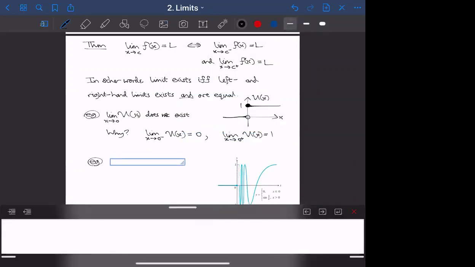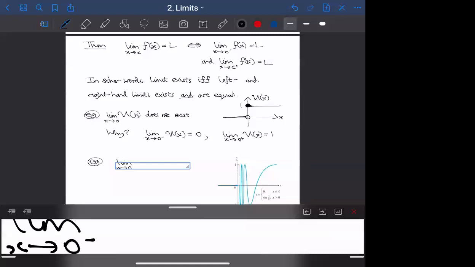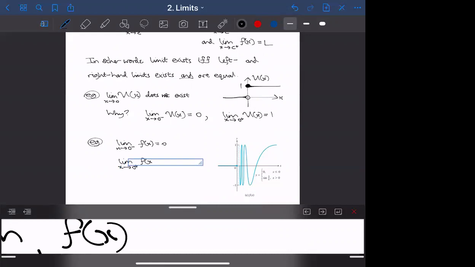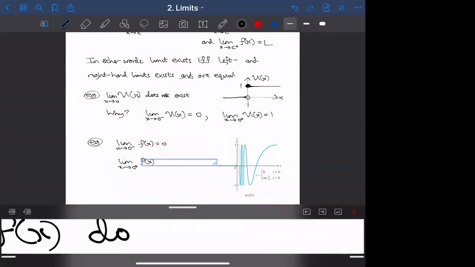In this case, the limit from the left-hand side of this f(x) is 0, but the limit from the right-hand side does not exist.